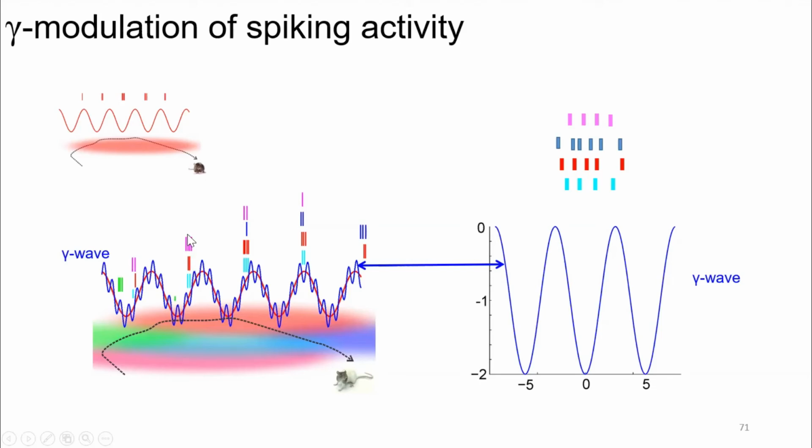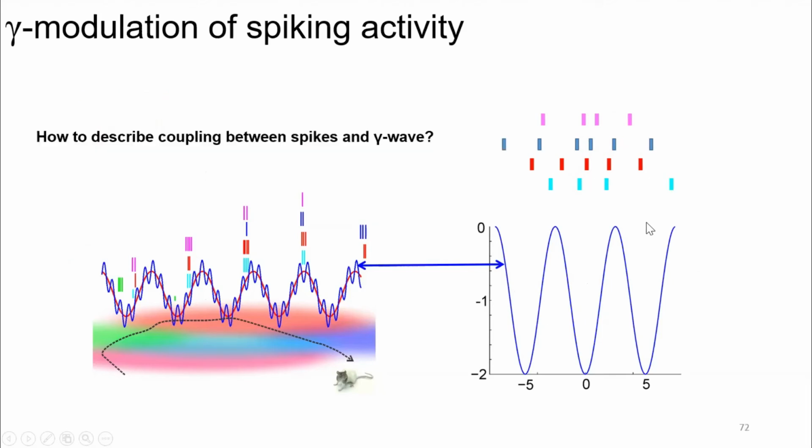And when spikes are produced, they're produced within a particular gamma period, like this. Imagine this is gamma over here, and the spikes correspond to a particular period. So to describe the effect of gamma wave, we need to understand how gamma waves are coupled to spiking.